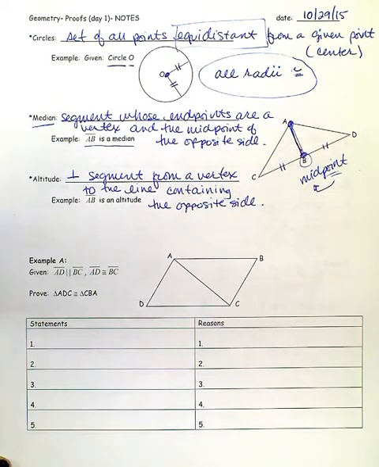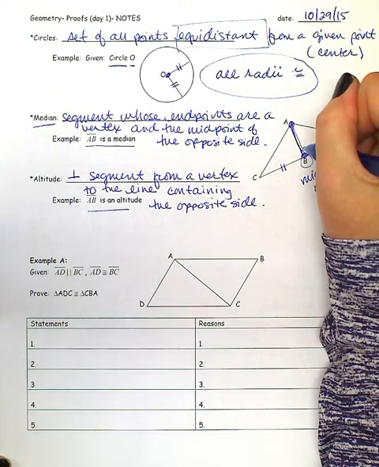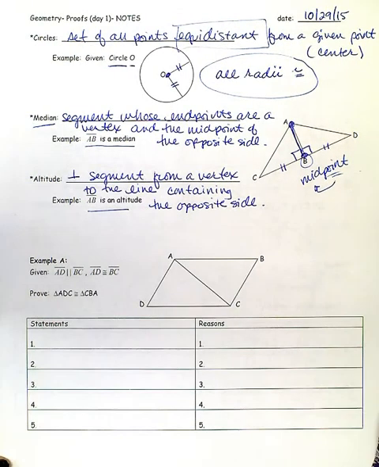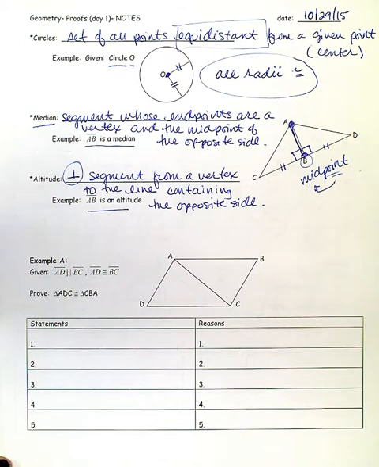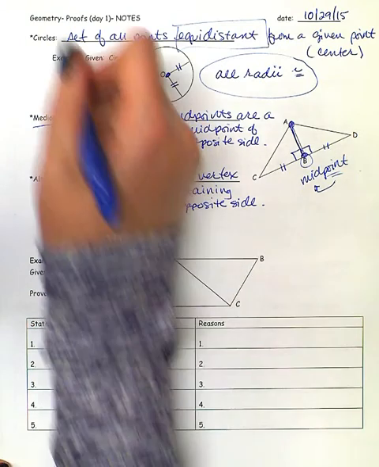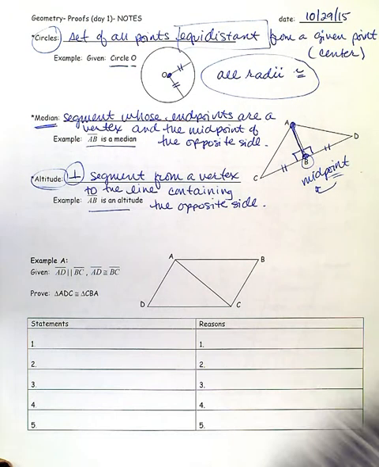Okay, so I'm just going to use the same picture. AB is an altitude, so those are right angles, because that's what it means to be perpendicular, that you've got right angles. Okay, so those are three biggies. Circles, radii are congruent; median, two congruent segments; altitude, two right angles.